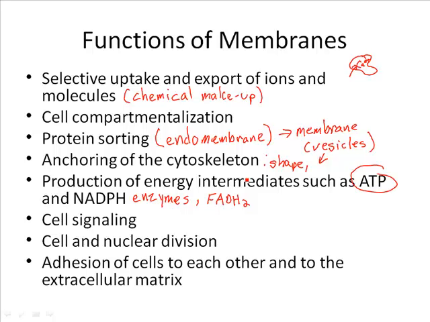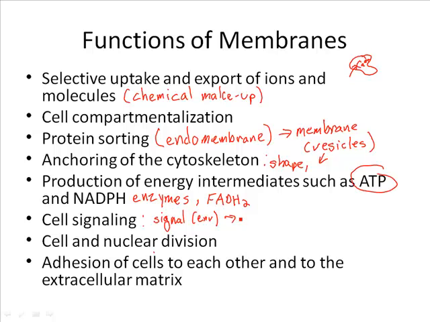Cell signaling uses membranes. Now, why is cell signaling important? We're going to talk more about this in Chapter 7. But if you think about it, how can the inside of a cell communicate with its environment? We use membranes. Cell signaling is when we have a signal located in the environment.